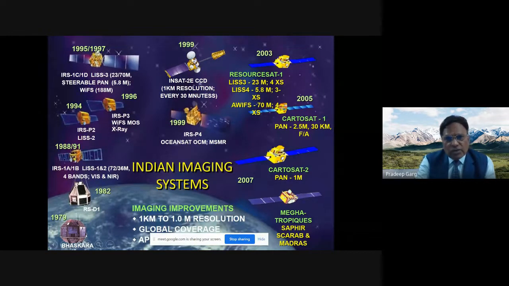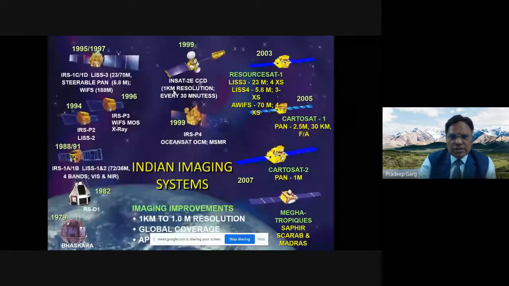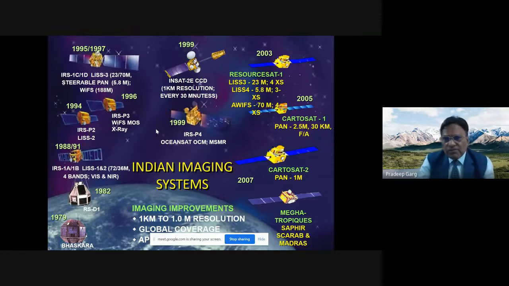Lots of satellites have been launched and are being launched. Some are like INSAT, telecommunication satellites, and some are remote sensing satellites which are providing us very high resolution data.